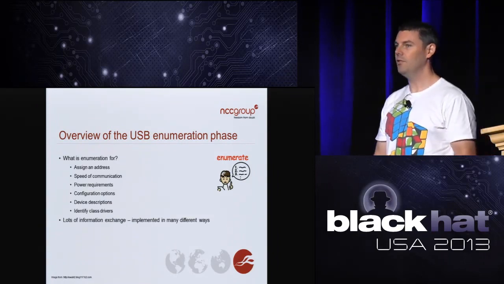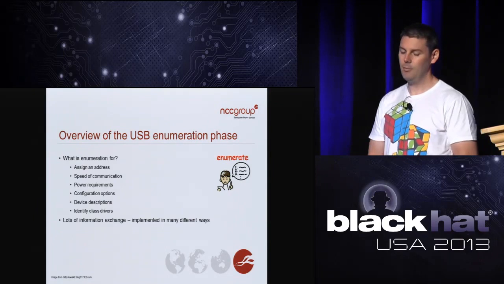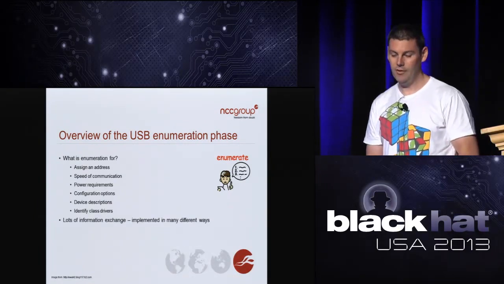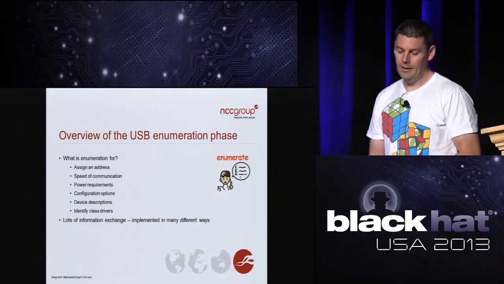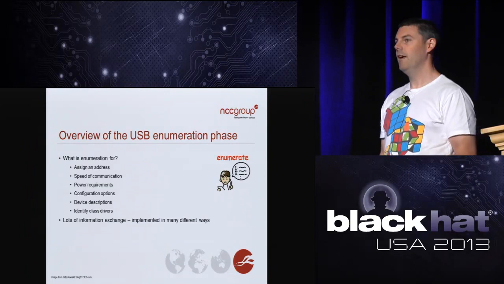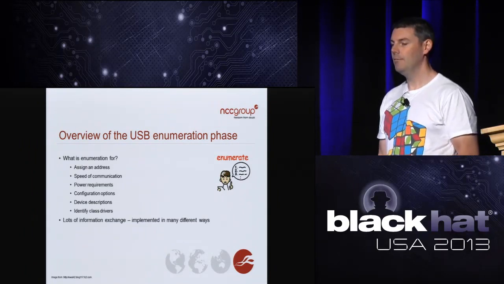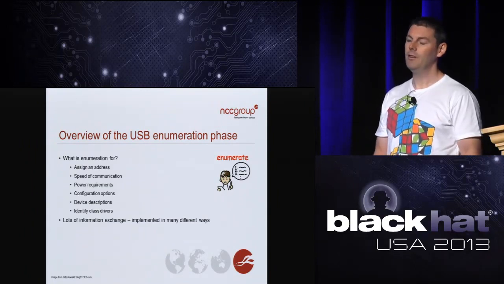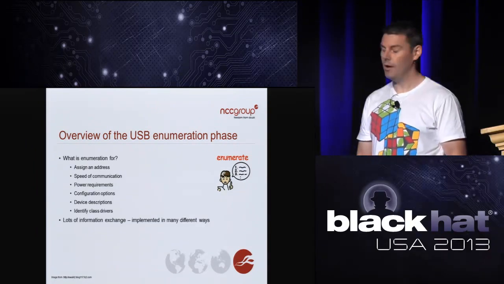There's a whole bunch of different speeds that can be used for USB devices depending on which version they use. How much power is going to be consumed by the device. You can either have bus-powered devices or self-powered devices. So if it's going to be bus-powered, how much power is it going to consume from the host?